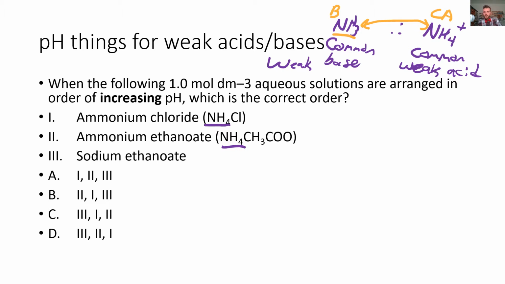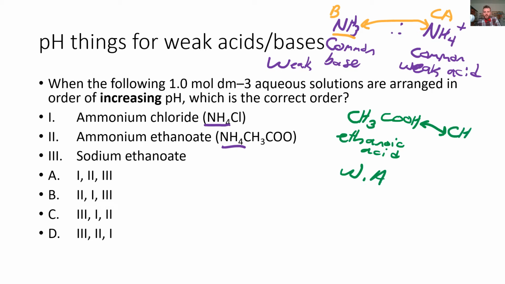Another thing that would be really helpful to remember is CH3COOH. This is ethanoic acid. That's going to be a weak acid. Can go back and forth to CH3COO minus.